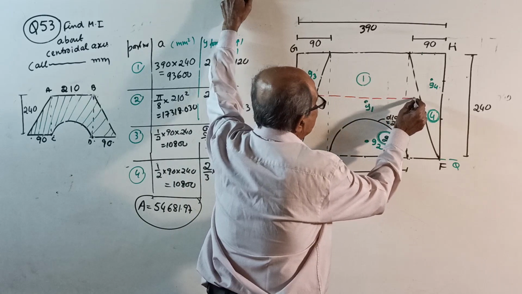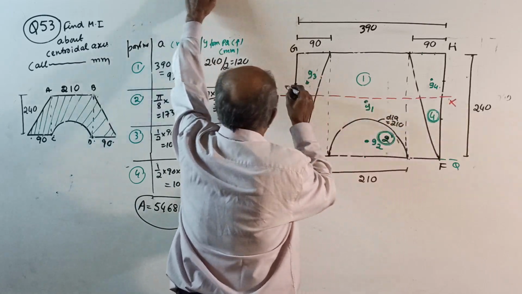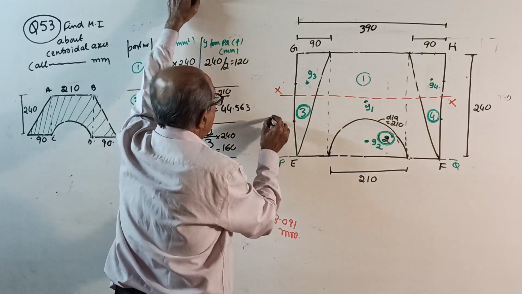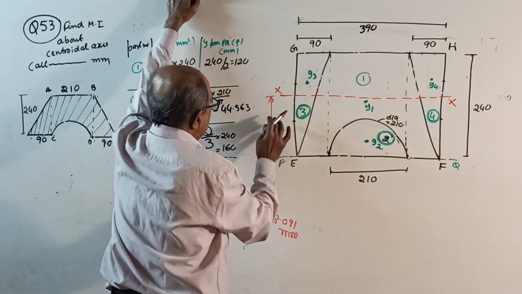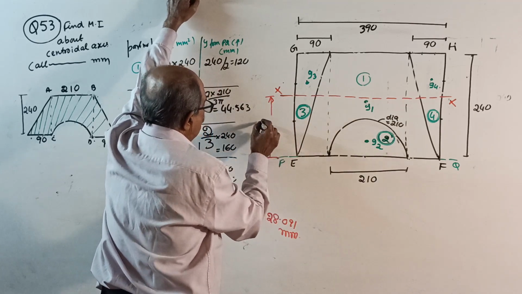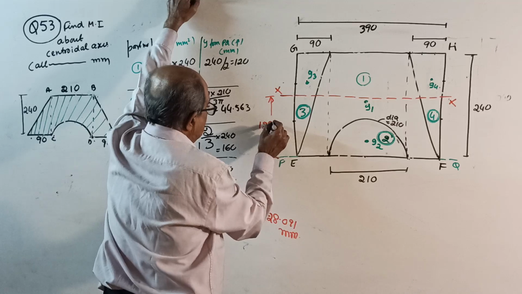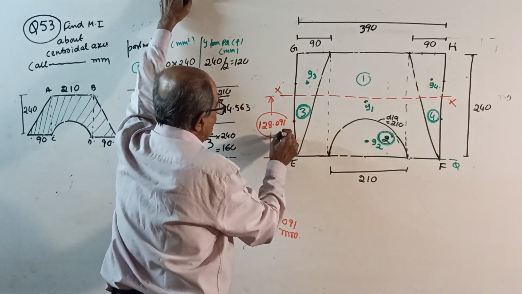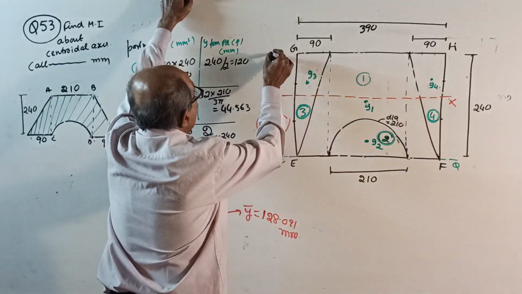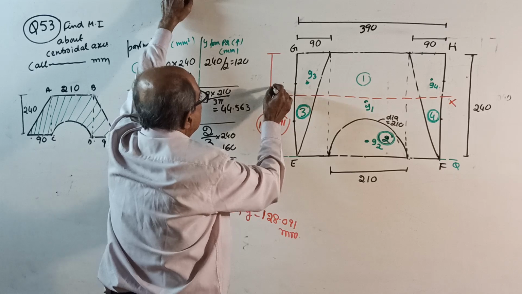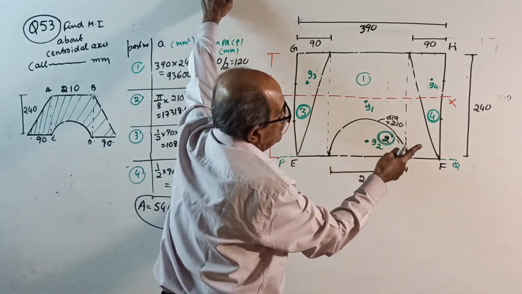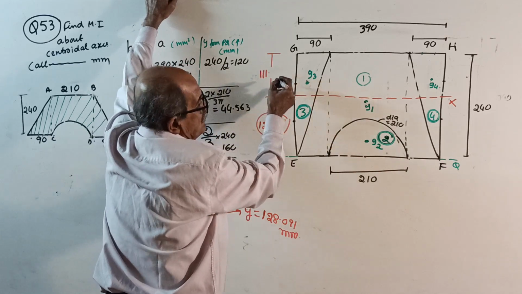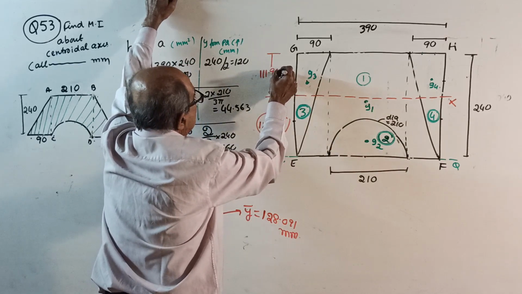This is your x-axis. From here to here is, rounding off, 128.091. From total 240, subtract, and from there you will get 111.909.